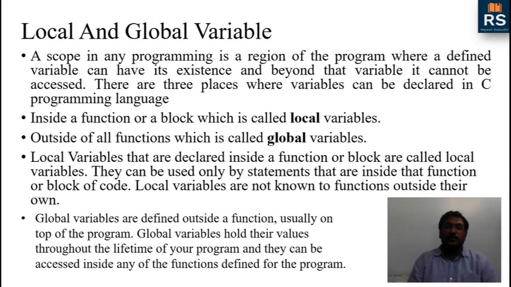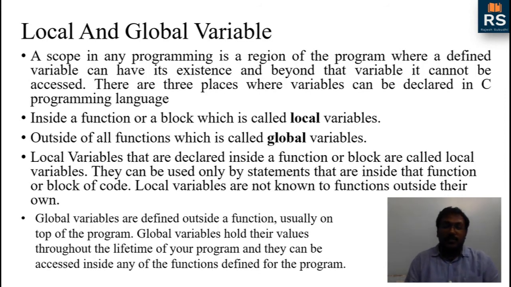So what is a global variable? If a variable can be used in different functions, for global variables there is no boundary of scope, because global variables are declared at the top, just after the preprocessor command. Fine.